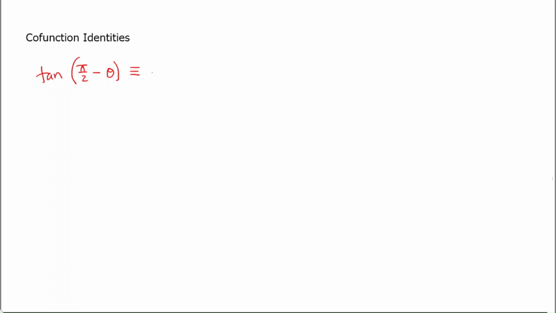So let's remember that no matter what else is true, tangent is always a sine divided by a cosine. But it has to be the sine and cosine of the same argument. So this is going to be the sine of pi over 2 minus theta over the cosine of pi over 2 minus theta. Now we can use cofunction identities on each of these.